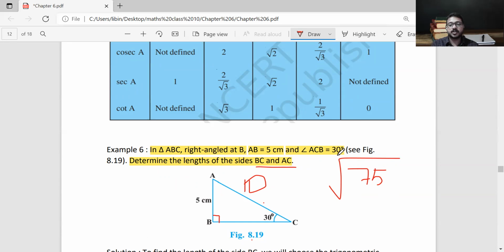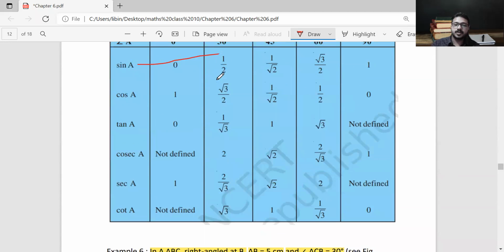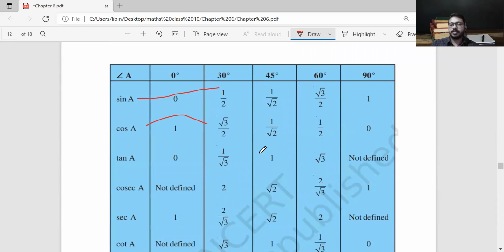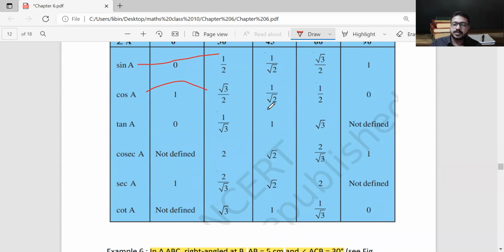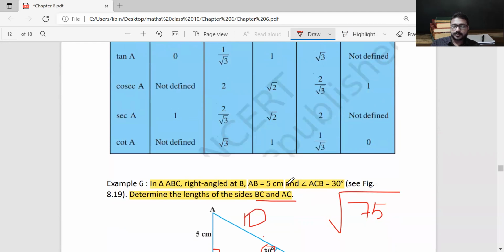Or maybe you are not comfortable with using Pythagoras theorem, you can look at the trigonometric ratio. What is the value of cos A? Cos A will be adjacent side by hypotenuse, and now we have found the hypotenuse also. Cos 30 will be root 3 by 2. So instead of cos 30, just write root 3 by 2.